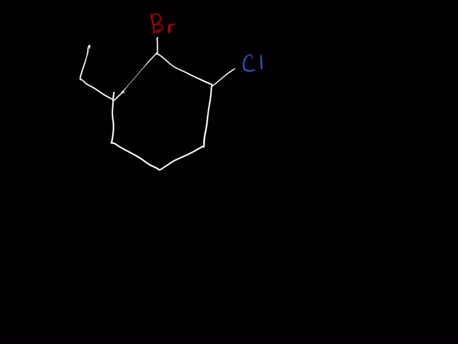Let's go through another similar example. This time we're going to have the chlorine here. The bromine is going to be on top again. And then we're going to have an ethyl to the left. How do we name this particular compound?